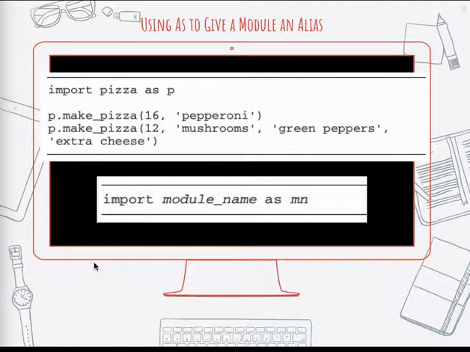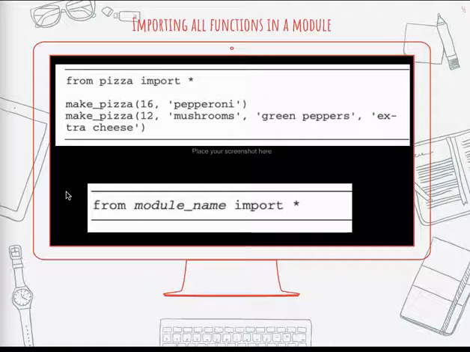When you're scrolling through a long section of code, it's easier to find the name of the function if you use a single letter for your module. So here's the general syntax for that approach. Import module name as mn or m or p or whatever letter you like. You can tell Python to import every function in a module by using the asterisk or star operator.